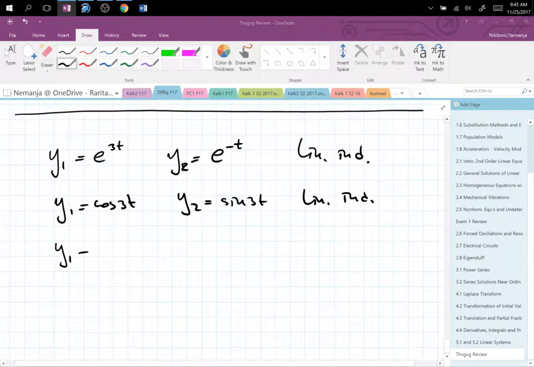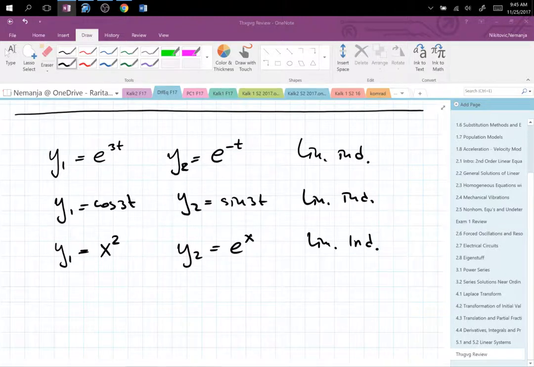If you have y1 equal x squared and y2 equal e to the x, also linearly independent. So all of these are linearly independent solutions, and you can always prove using the Wronskian that they are linearly independent because the Wronskian will not be zero.